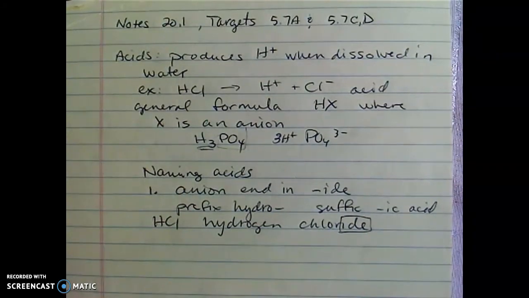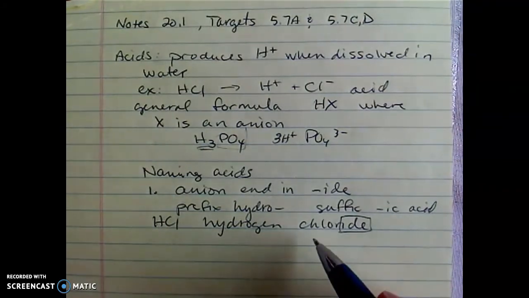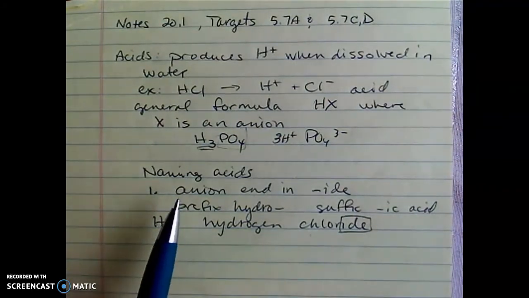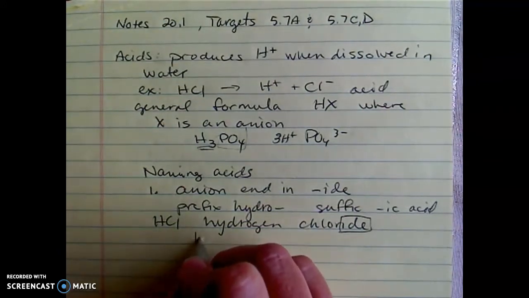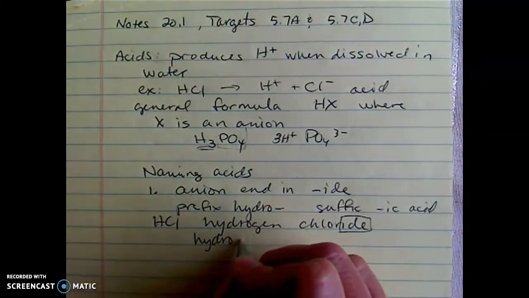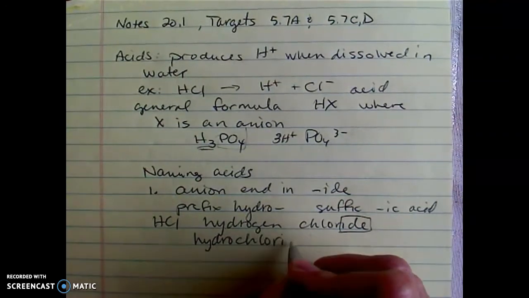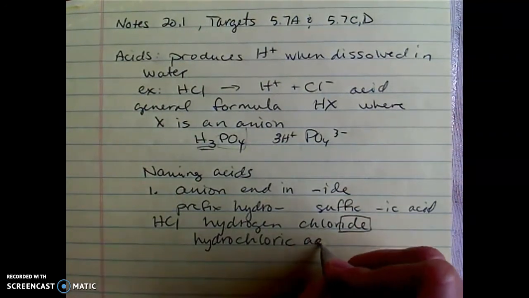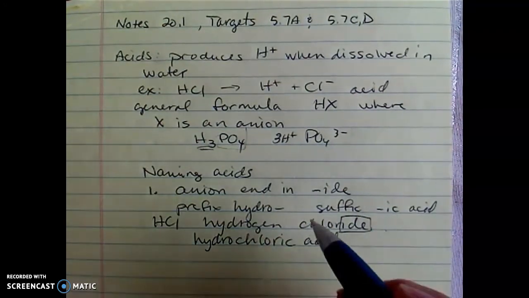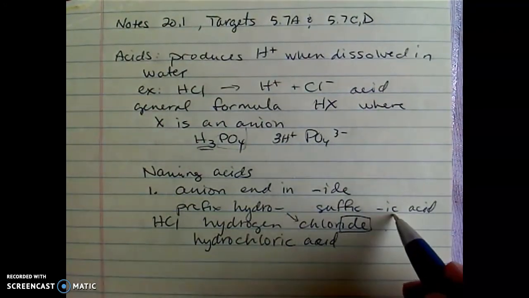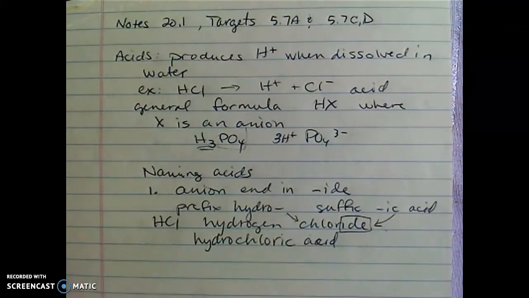So what is the name of this acid? I kind of left out the middle part. The middle part comes from the name of the anion. That's why we focus on the anion. So when I see HCl, I know it's going to be hydrochloric acid. It's taking this name, putting the prefix in front, and putting the suffix on the end.